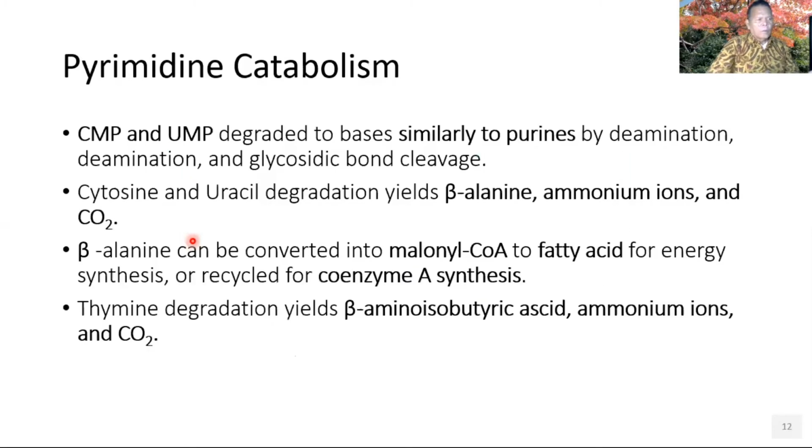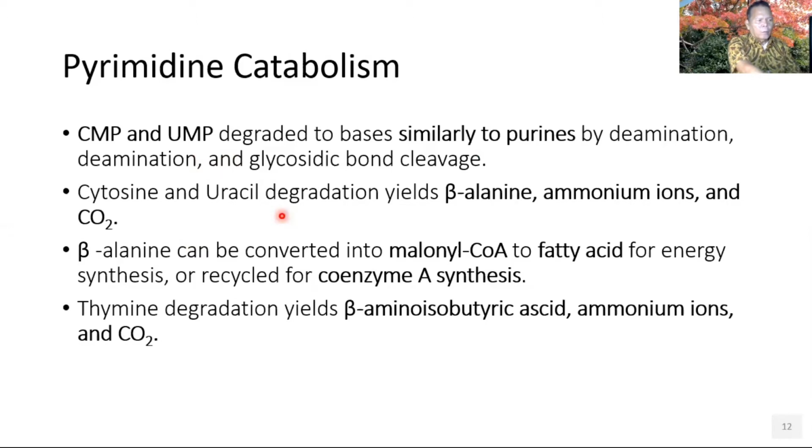Now let's move on to pyrimidine catabolism. CMP and UMP degrade to bases similarly to purines, by deamination and glycosidic bond cleavage. Cytosine and uracil degradation yields beta-alanine, ammonium ion, and carbon dioxide.